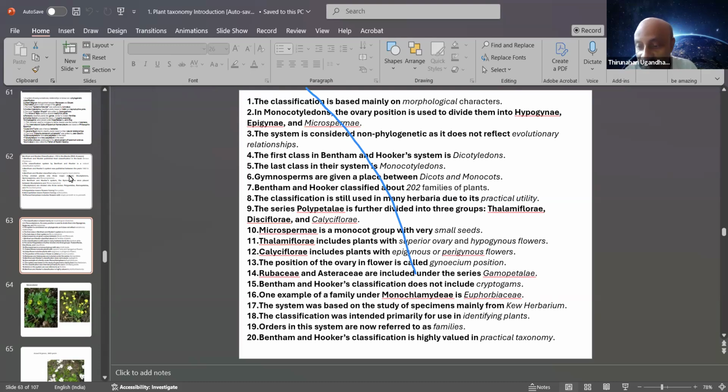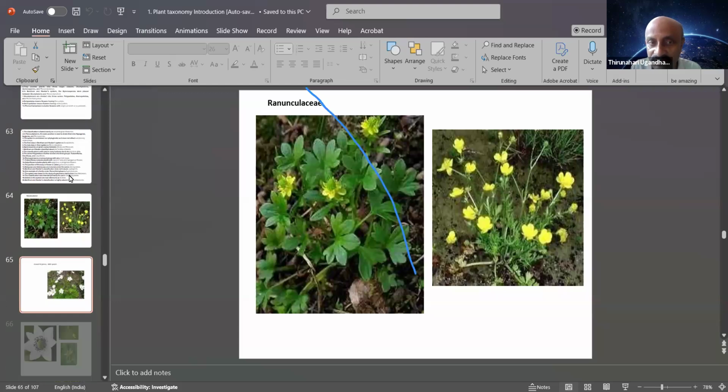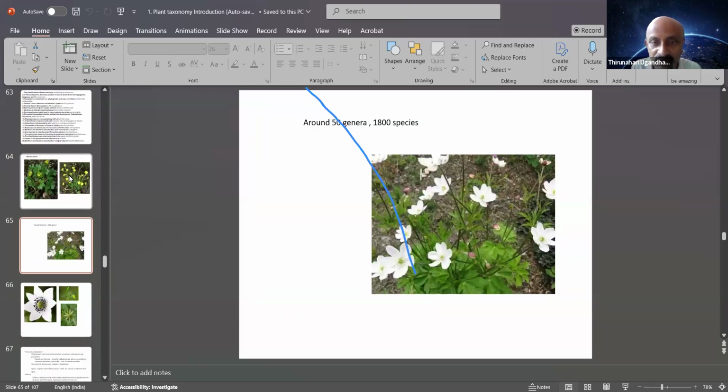This is a major important topic for identification of plants, including plants of Ranunculaceae, which also have economic importance. All the flower characters are important for identification.